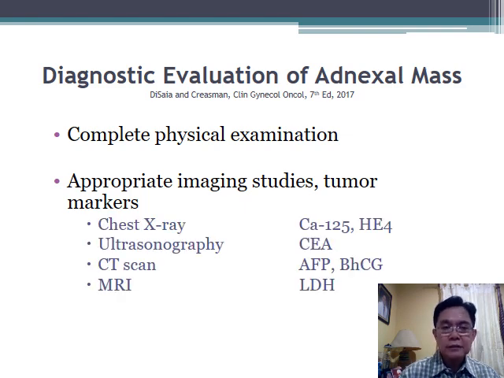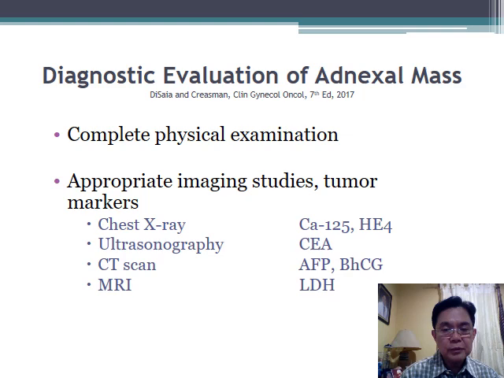So these are the different imaging studies. Currently the most popular is your ultrasound. The ultrasound can give you a description on whether your tumor is cystic or solid, or predominantly solid with cystic areas. Okay, you can have your CT scan or MRI in order to characterize the tumor.